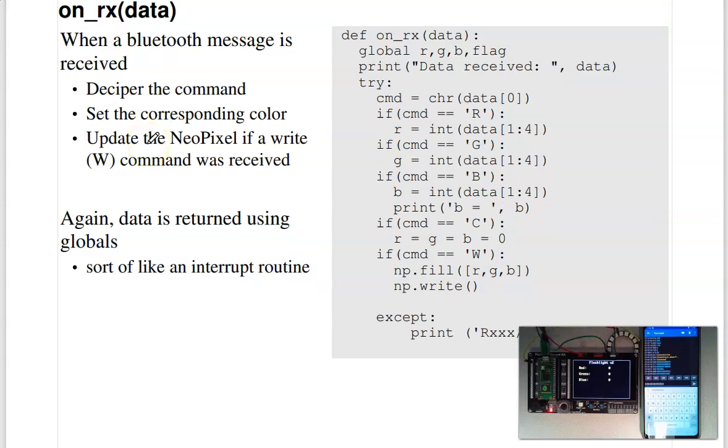So this is just a different style of setting up the commands. In terms of the receive routine, I'm going to pull in the first character, that's my command, and then check. If the command was red, I'll interpret the next field as the red brightness. G is green, B is blue, C is clear everything out, and W is a write. In addition, I also need flag equals 1.